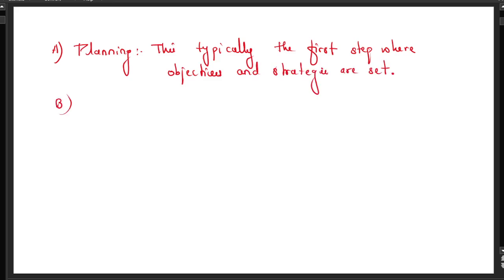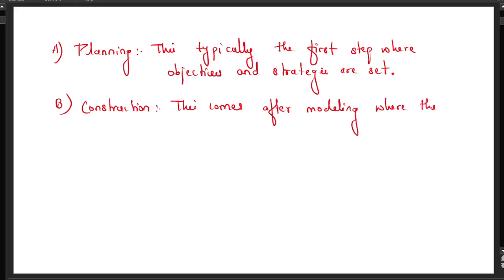Option B is construction. This comes after modeling, where the actual building or implementation happens.